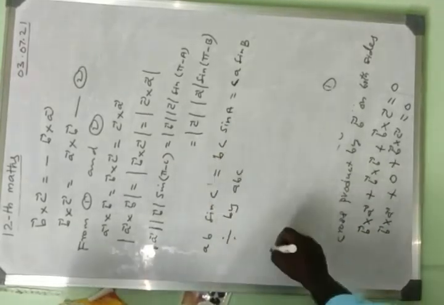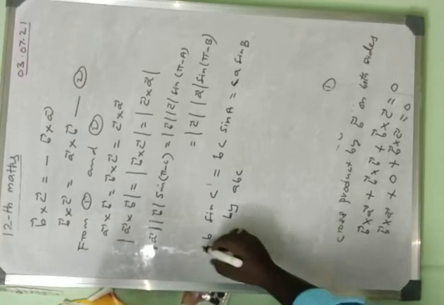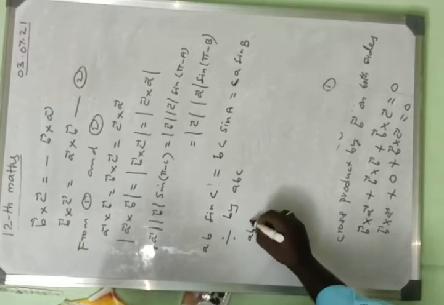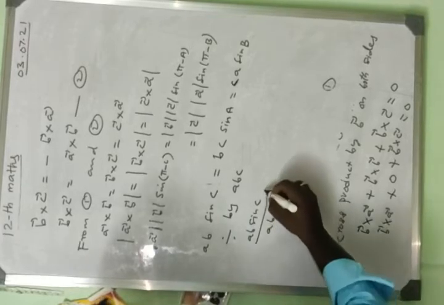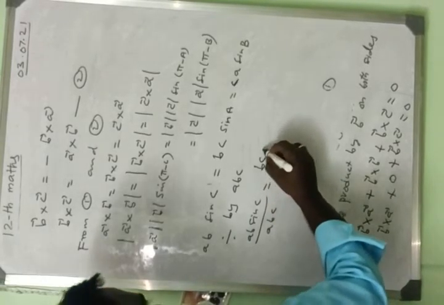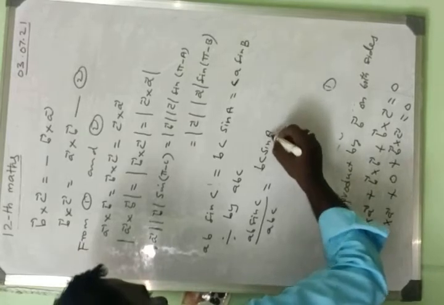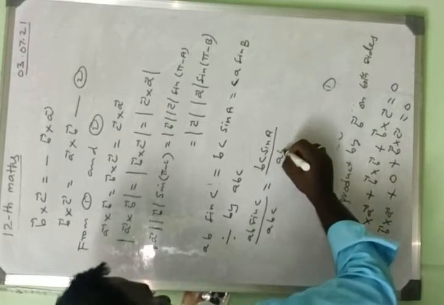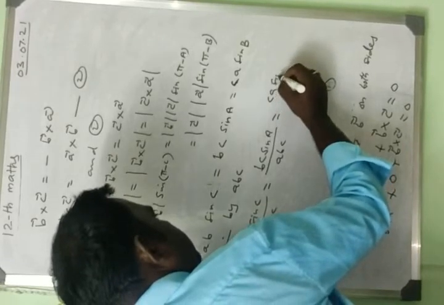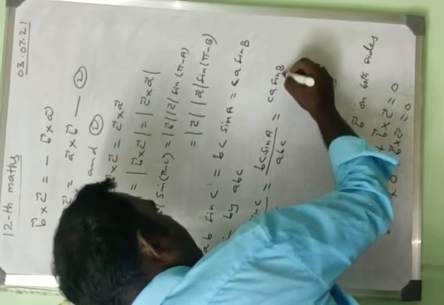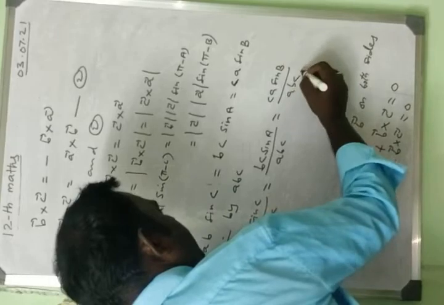Here also we divide AB sin C divided by ABC, equal to BC sin A divided by ABC, equal to CA sin B divided by ABC.